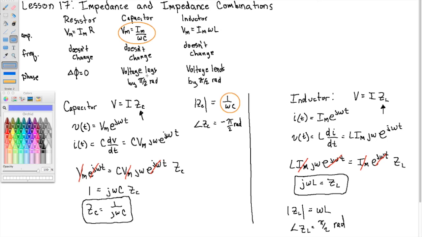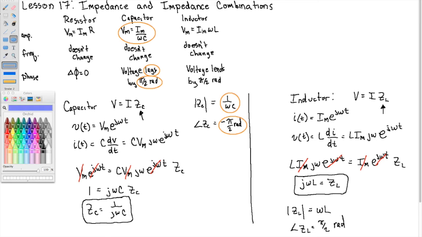Now, take the voltage. Okay, the voltage lags by pi over 2 radians. Lags, too, is the key. And what's the phase of a capacitor's Z? Minus pi over 2 radians. That's not a coincidence.